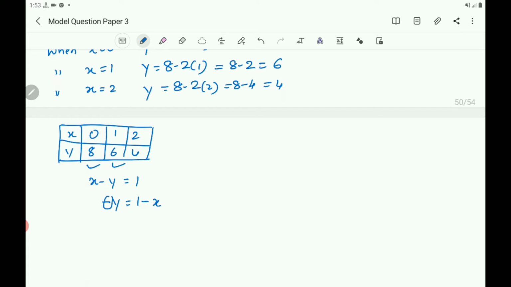Then we have to change the negative, so change the sign of each term of this equation. Then 1 becomes minus 1 and minus x becomes plus x. So you got y equals x minus 1. You got the value of y in terms of x.